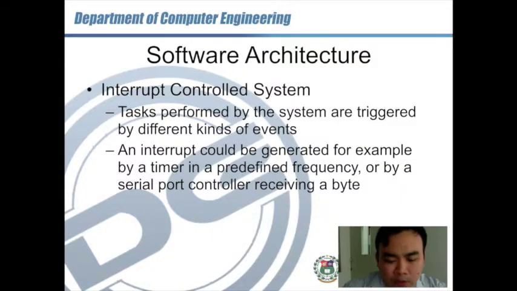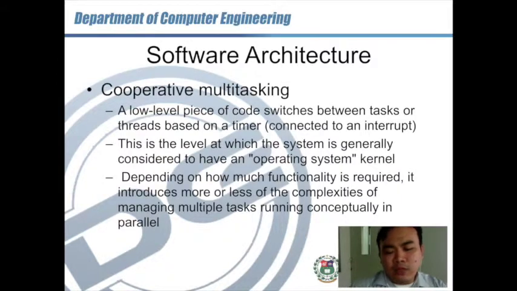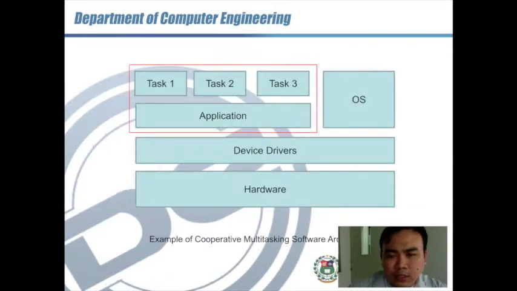We also have cooperative multitasking, in which the tasks cooperate so that none of them will be delayed. For example, a task should not go over a certain CPU time, so that the other tasks will not be delayed. If a task is assigned 5 milliseconds, then it should be done in about 5 milliseconds. That's cooperative multitasking. If you want to do it, these are the software layers that we have to construct.